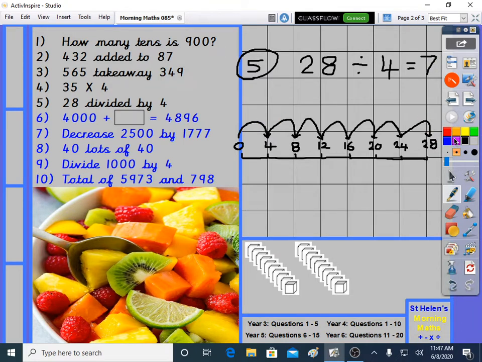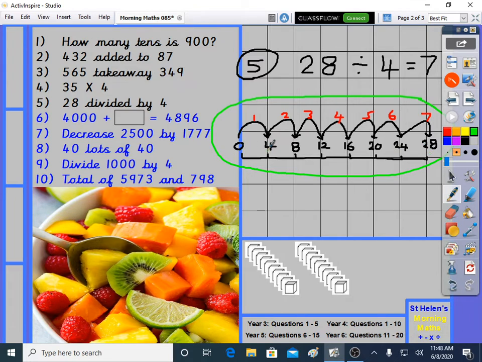7 jumps. I'm going to just count the jumps just to check. 1, 2, 3, 4, 5, 6, 7, just to check the answer was 7. So this here in green, this is a picture really of what you sing, isn't it? When you do how many 4s in 28, this is a picture of what you sing. The red numbers are your fingers, the black numbers are what you say.